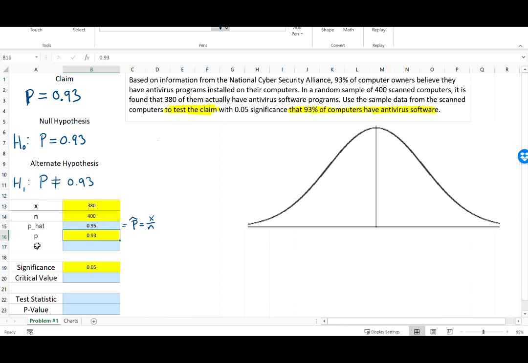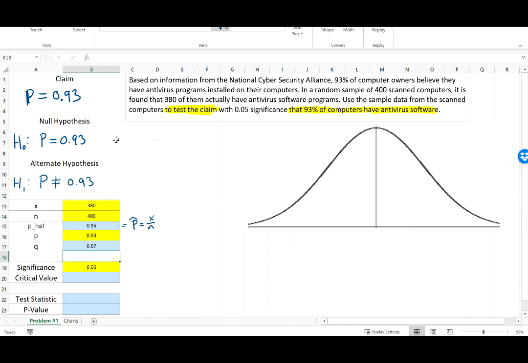And Q is the complement of P, so if P is 0.93, then Q should be equal to 1 minus P. So that should give us 0.07, and yes, it does.